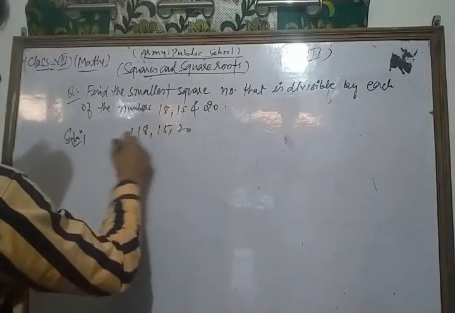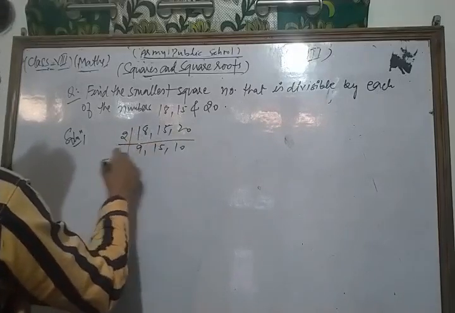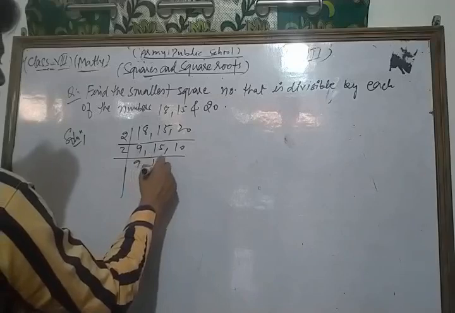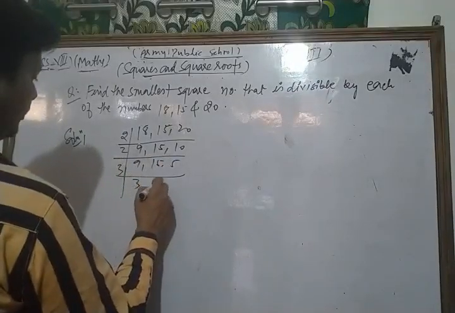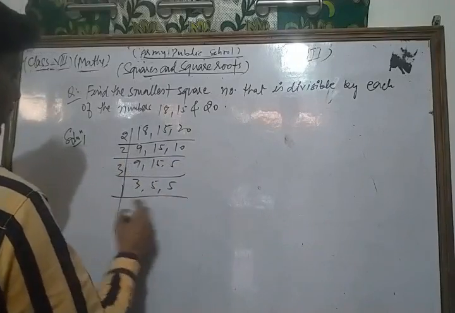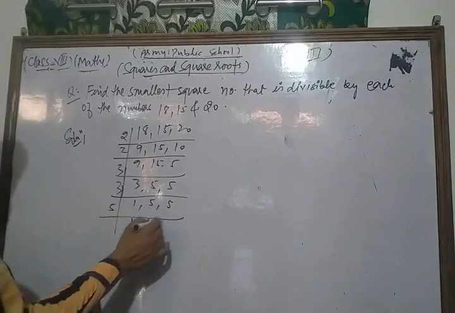Let's see. By 2, 2 fives are 10, now again by 2, 9, 5, 2 fives are... now 3 threes are 9, 3 fives are 15, 5 again by 3, 1 5 5, now 5 ones 1 1 1.